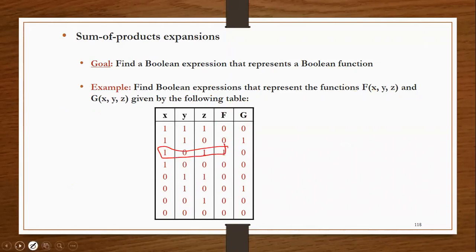Let me just draw it clearly. Here we have the only value 1 at this row for f, and for g the value 1 is at this row. We have to exclude this for f. This should not be taken, and also another value is over here. This row here we have a 1.